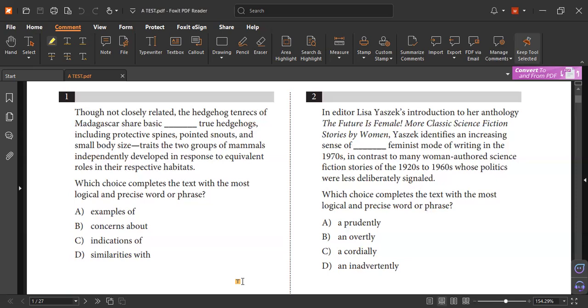Only the first question or both of them? The first one, if you find the answer, just tell me. So I think that's D. You think it's a letter D, but why not C?